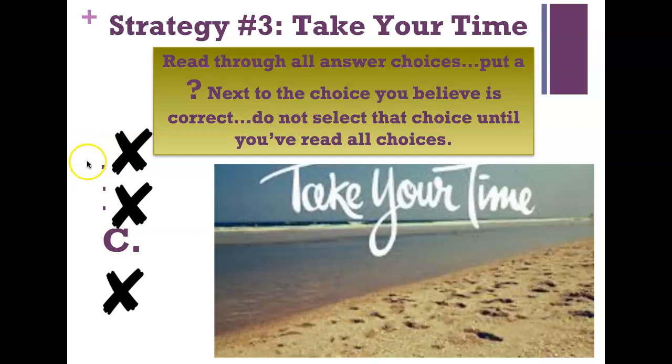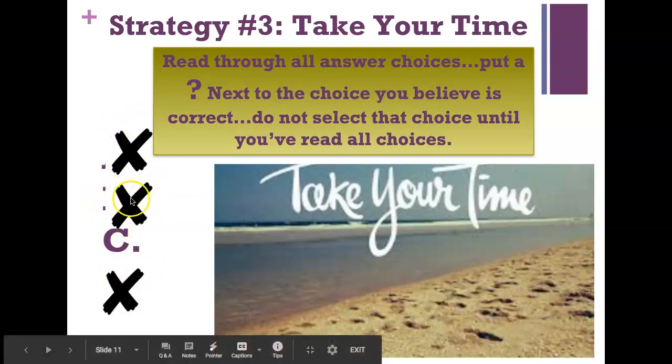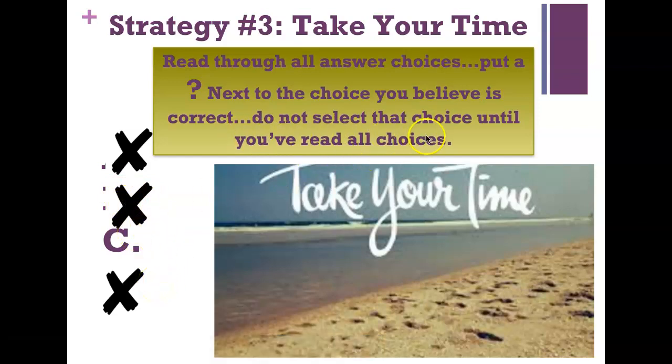I also like to use question marks when I'm answering tests like this, because they're a note to myself: maybe this is right, but I'm not going to exit out until I've gone through all the answer choices and double checked all of them. So it's really important. Please read through all the choices all the time before you use PO or before you choose the remaining answer.